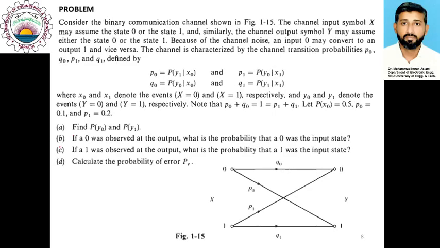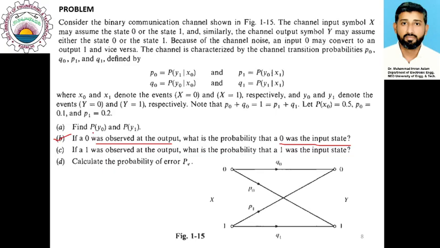Second part: what if a 0 is observed at the output, so y is 0, and we want to find the probability that the input state was 0.